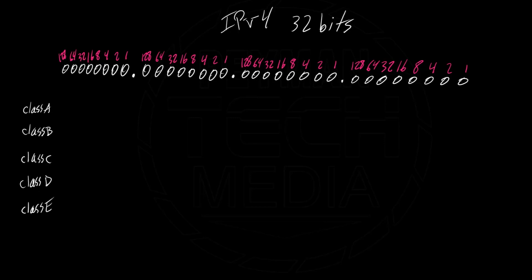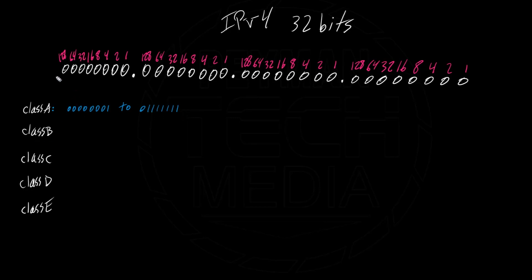Let's first talk about class A. Here we are talking about the ranges of these classes: class A, B, C, D, and E. For class A, in the first octet, it's pretty much all 0 except the first bit, and it goes to the first 0 and all 1s.